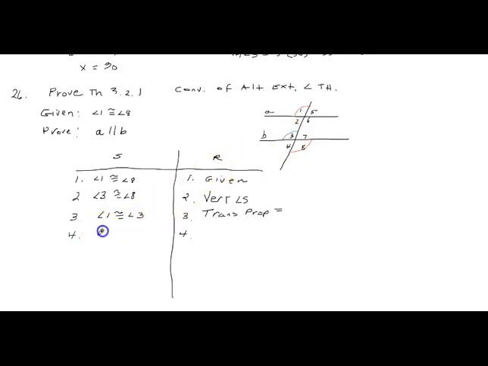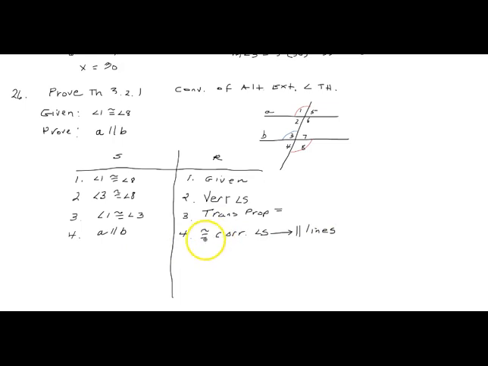So we can state that A is parallel to B, and that is by stating that the congruency of corresponding angles, and here's some new symbology here, proves, or therefore, parallel lines.